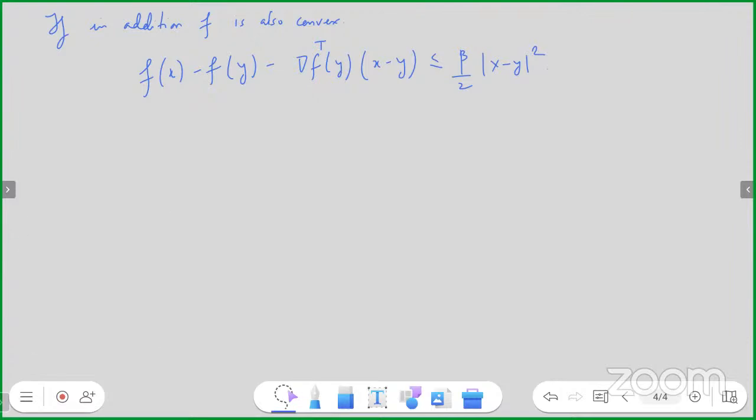Okay, so what do I want? I want to write x as something and y as something. What is your option? x minus 1 by beta del f of x, and y is equal to x.